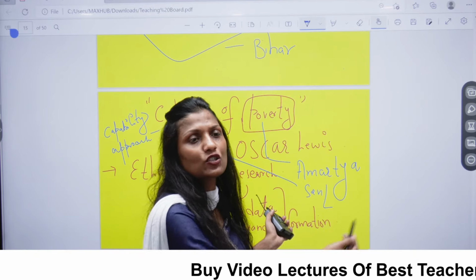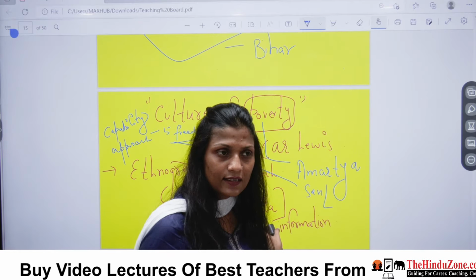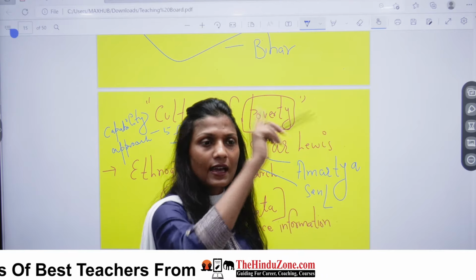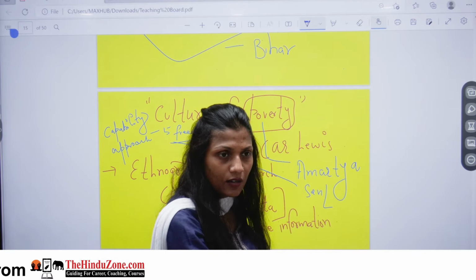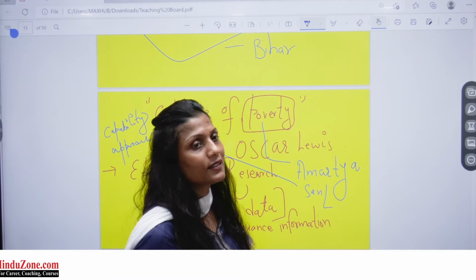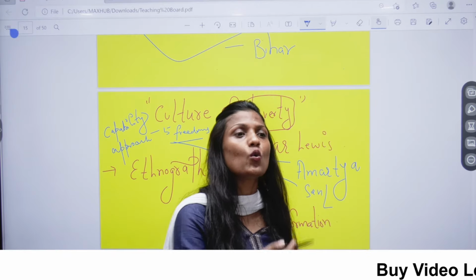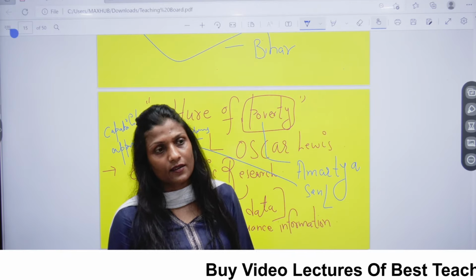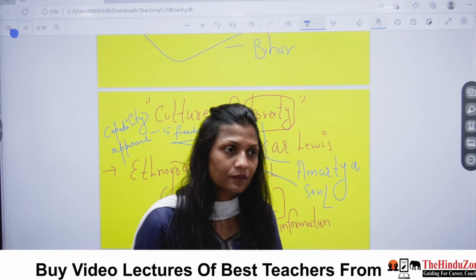I made correlations. I'm talking about research methods and techniques, where I'm talking about dependent variables and independent variables, and I'm showing the validity of my research. I have got two important thinkers, Amartya Sen and Oscar Lewis, and we have many more thinkers who talk about poverty, specifically in terms of Indian society.